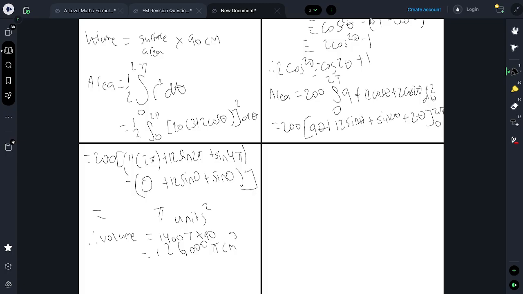There we go. See, this is good. This is good practice so you can see the common pitfalls. So don't make the mistake I did there. So then that's sine of 4 pi. God.